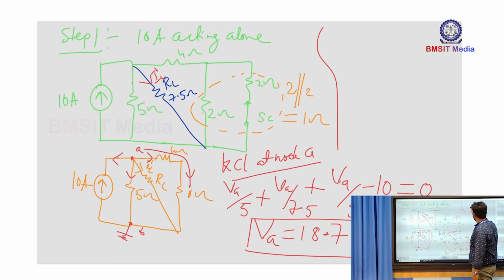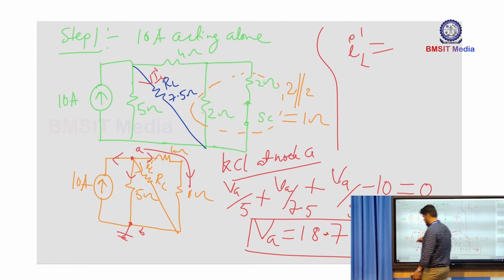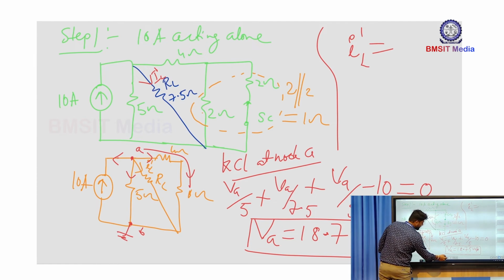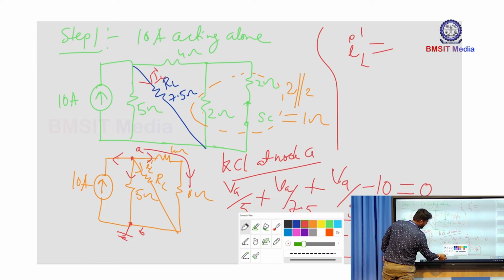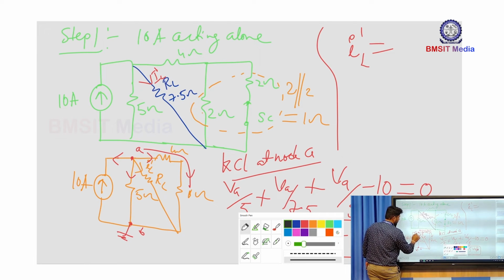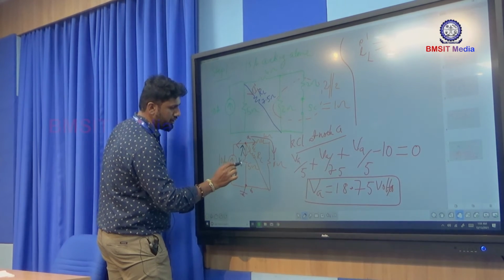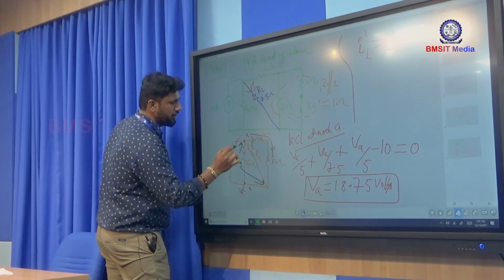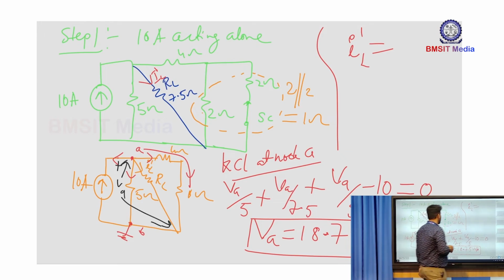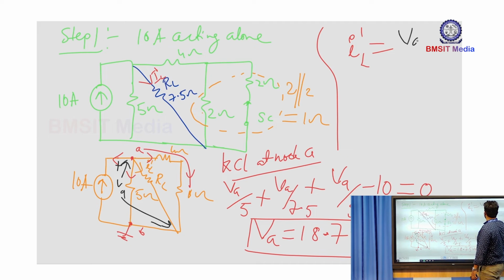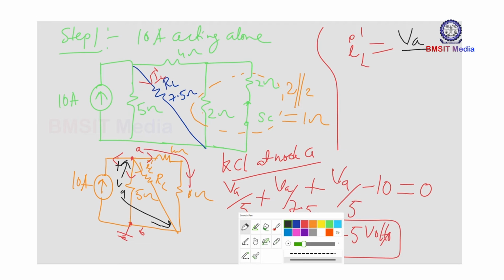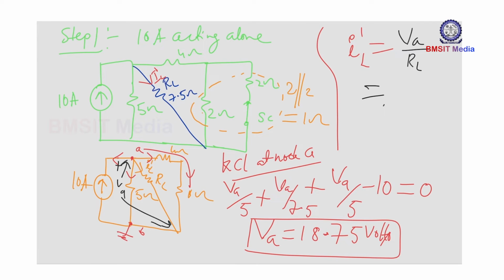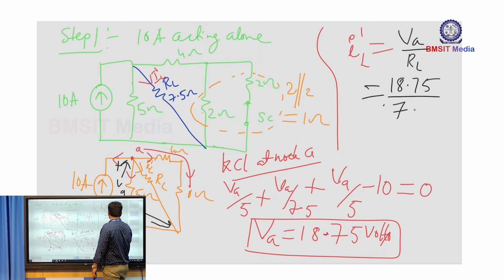So you can write that IL dash, the voltage across this load resistance is the same as your voltage VA here. So the current value is VA divided by your RL, which is equal to 18.75 divided by 7.5.